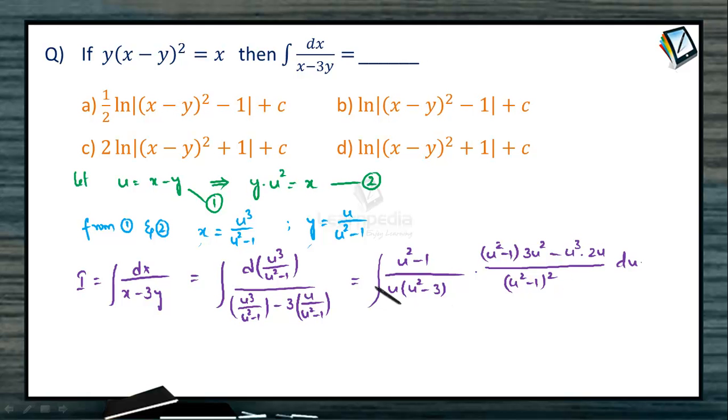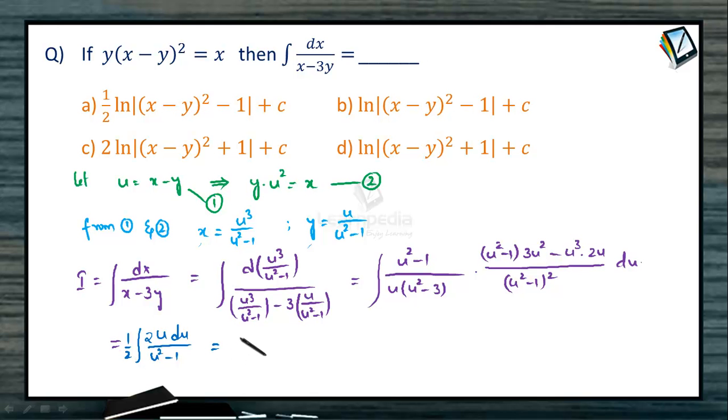Let's cancel the common factors which are available. Then (u square minus 1) cancels in the denominator, and in the numerator the u to the power of 4 terms, when simplified, would give us this integral as the integral of u du by (u square minus 1). If you observe, the numerator's derivative has a missing 2, so we will multiply and divide by 2.